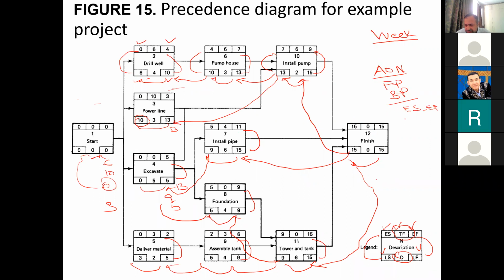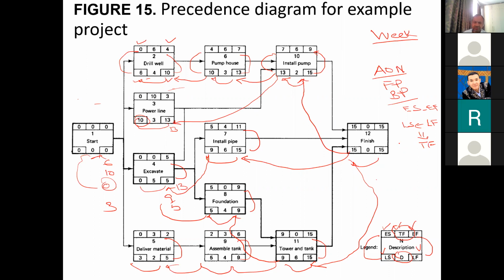And in the backward pass we will calculate the late finish and then late start time. And in the end we calculate the total float for each activity. So this is how the calculations are performed.